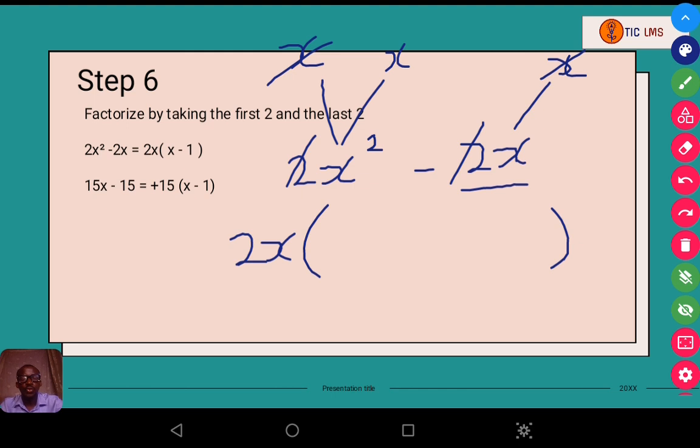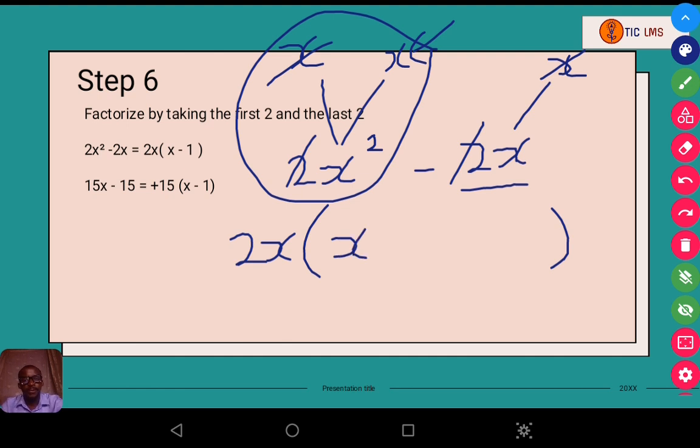The next thing is, what do you have left? On this first one, you've taken out 2, you've also taken out x, so you have only x remaining. And here is x. And then minus. Now over here, you do not have anything left. Now how do I mean?